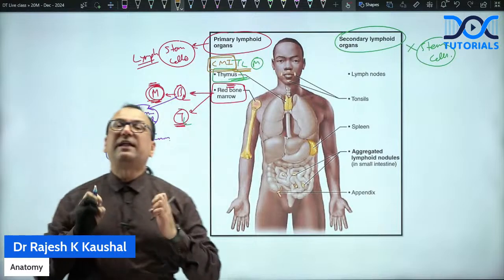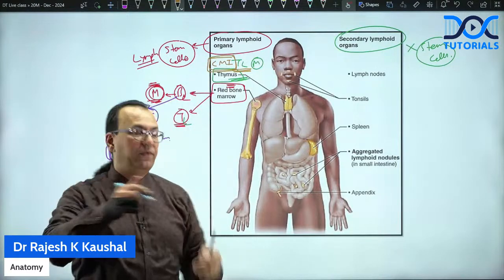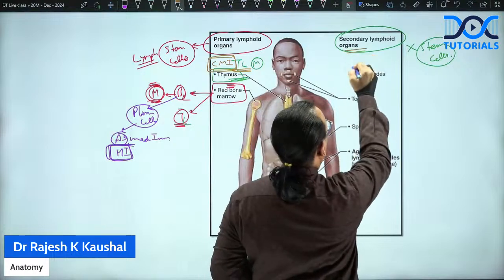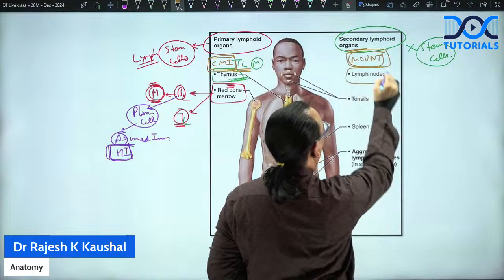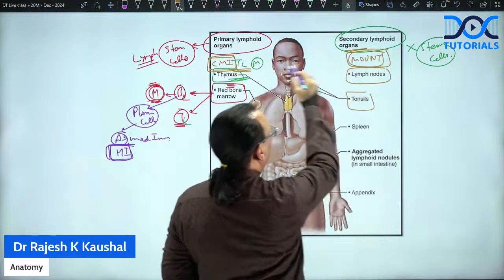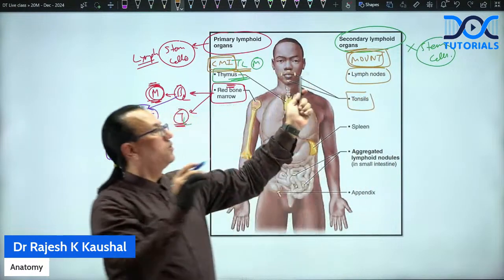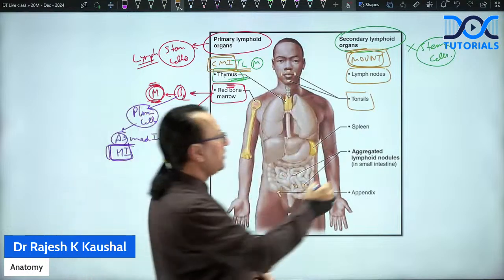Now these B and T lymphocytes move to the periphery. As they move to the periphery, there they can mount the immune response. So mounting immune response where? Lymph nodes throughout the body, tonsils like palatine tonsil, tubal tonsil. Then you have spleen.